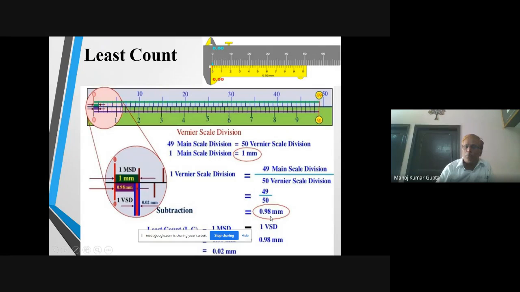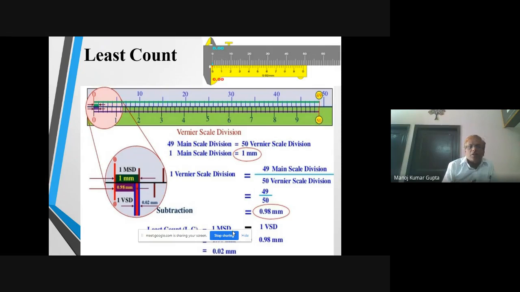It will come out to be 0.98. So one vernier scale division is equal to 0.98 millimeter, and one main scale division is equal to 1 millimeter. If we subtract 0.98 millimeter from 1 millimeter, the value comes out to be 0.02 millimeter. So the least count of the vernier caliper is 0.02 millimeter.